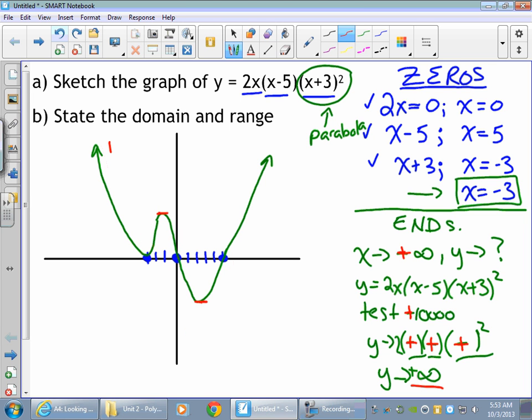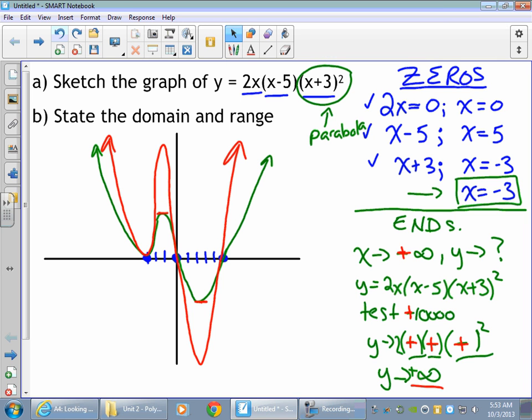If I had drawn this instead, through that, back up here, back down here, and then on this way, those two graphs I would consider to be exactly the same, based on what we know. We've gone down, hit that parabola at the negative 3, gone back up, come back down through the 0, back up through the 5.